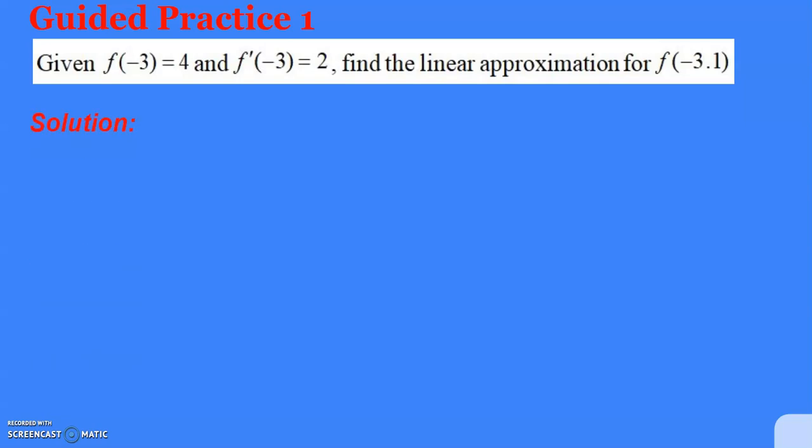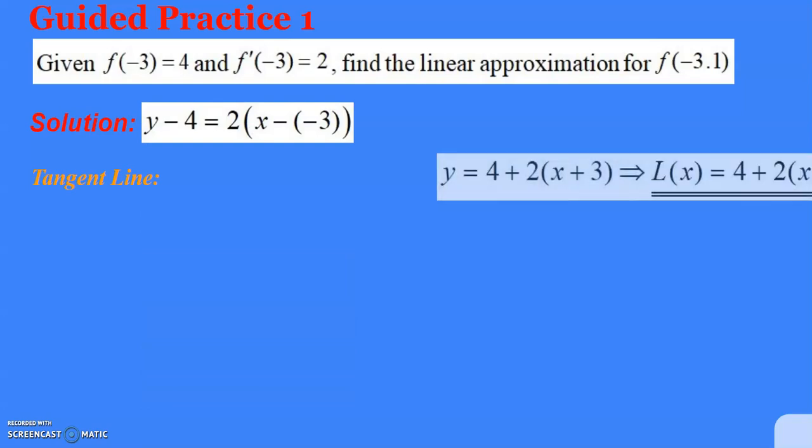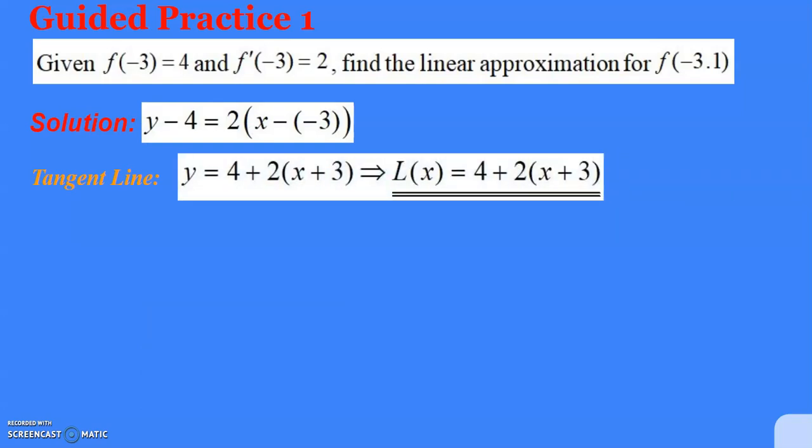First, we need to set up our equation for the tangent line, and then once we find the equation of the tangent line, we can use it to evaluate the function at -3.1.